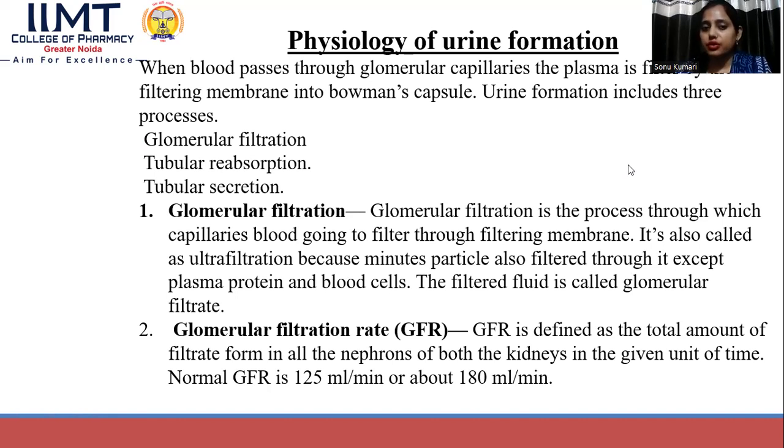Second is glomerular filtration rate. It is defined as the total amount of filtrate formed in all the nephrons of both the kidneys in a given unit of time. The normal glomerular filtration rate is 125 ml per minute or about 180 liters per day.